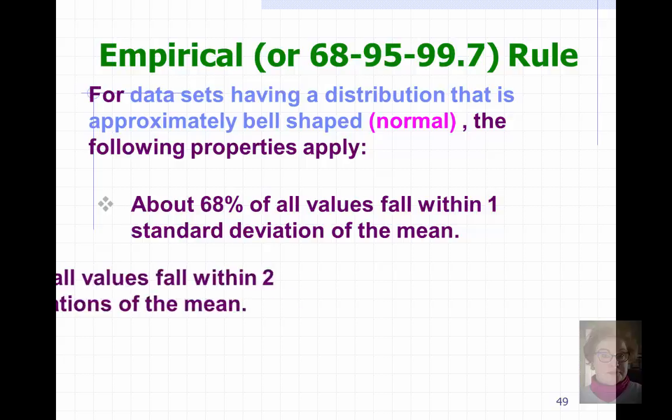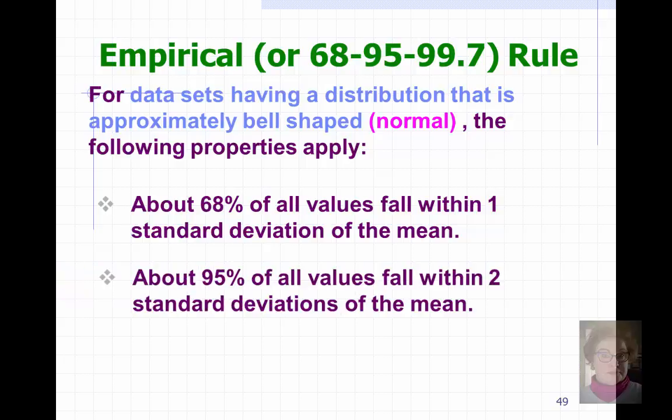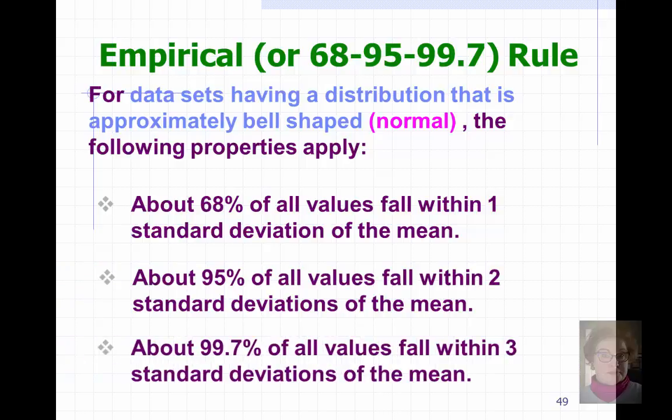That's more than 2/3. 95% of all values fall within 2 standard deviation units of the mean. Almost everybody. And 99.7% of all values fall within 3 standard deviation units of the mean.